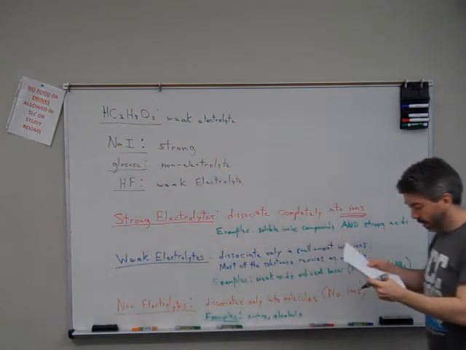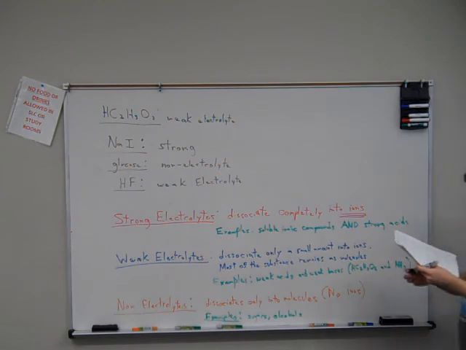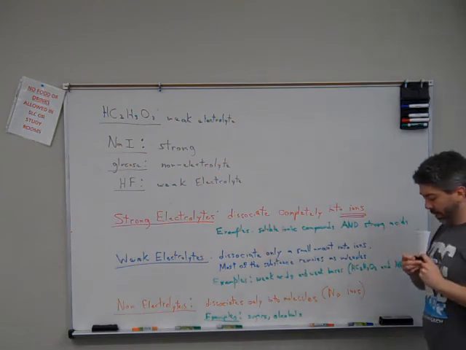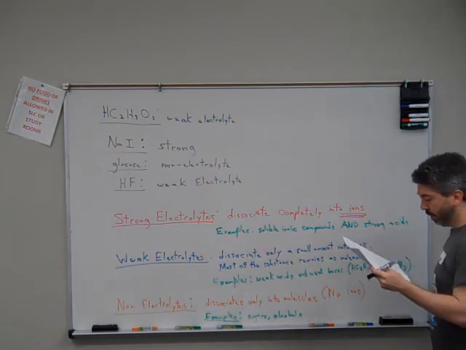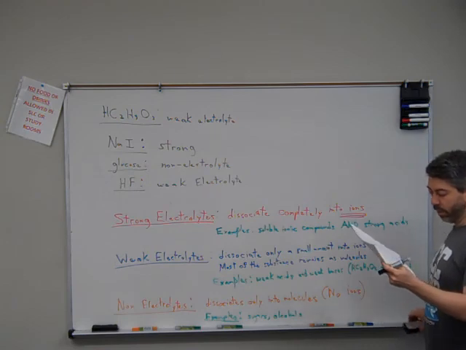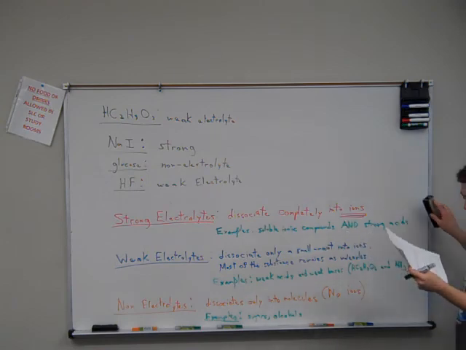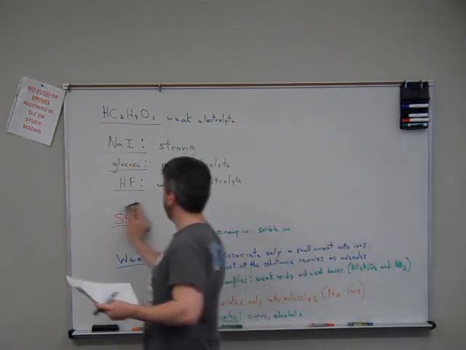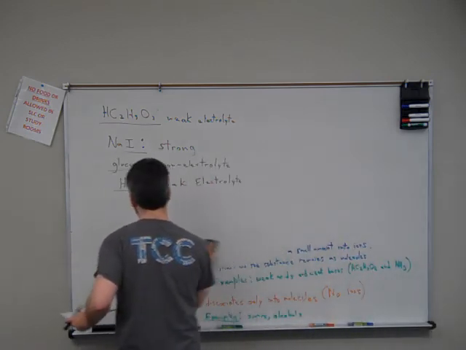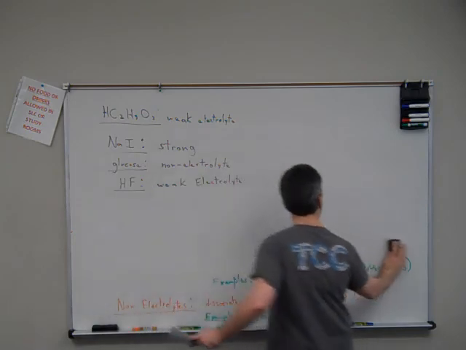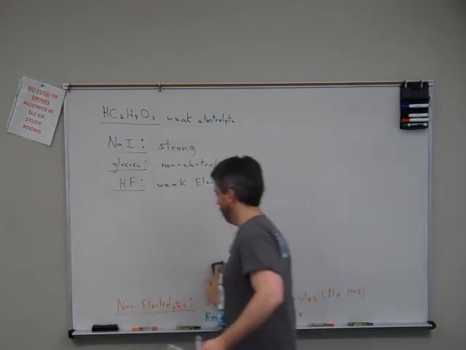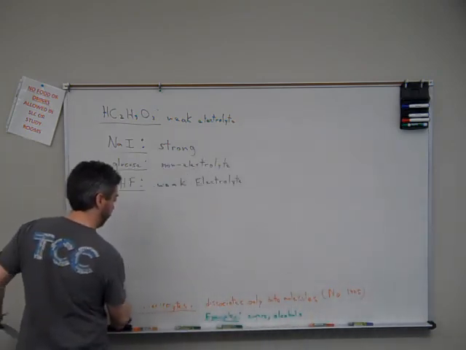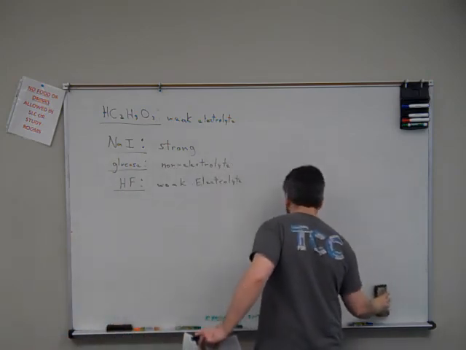And then, if you look at those two equations below, identify each one as strong, weak, or non-electrolyte. What do you think? Number 19? Yeah. Strong. That's 19, a strong electrolyte.